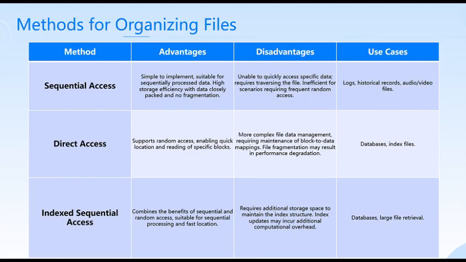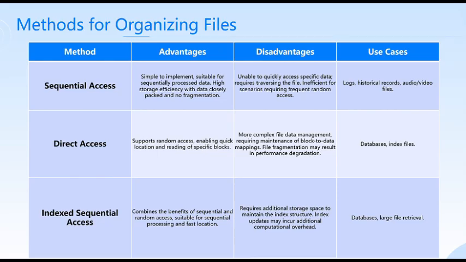Next is methods for organizing files. The first method is sequential access. Data is stored and accessed sequentially, ideal for log or streaming files, and it is easy and high efficiency, but it can't access very quickly.